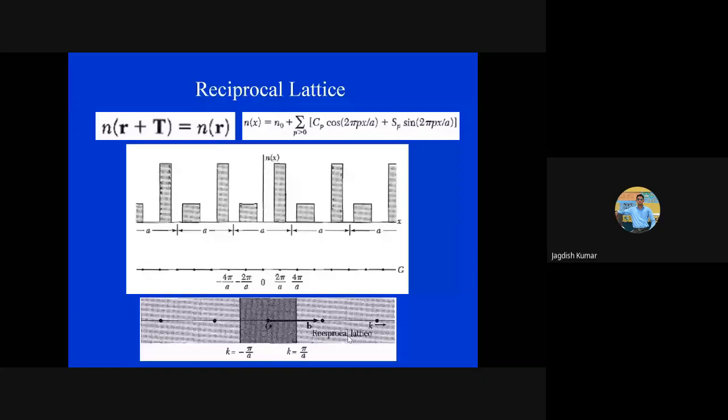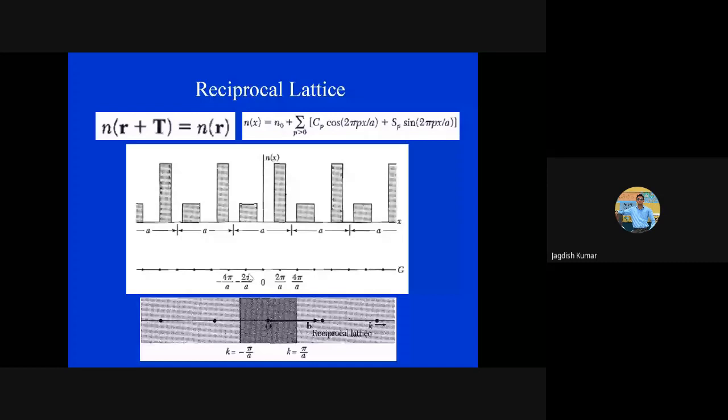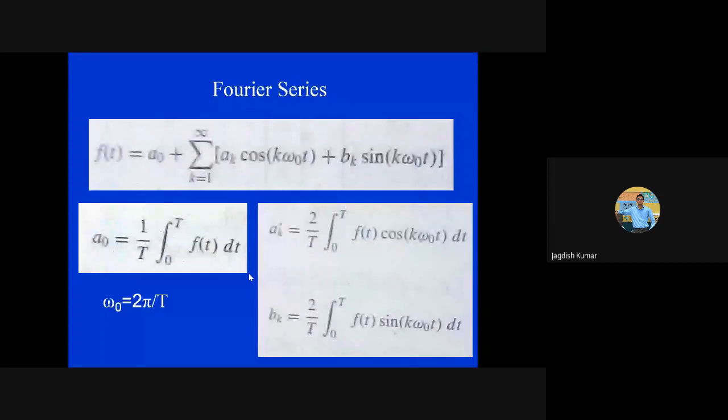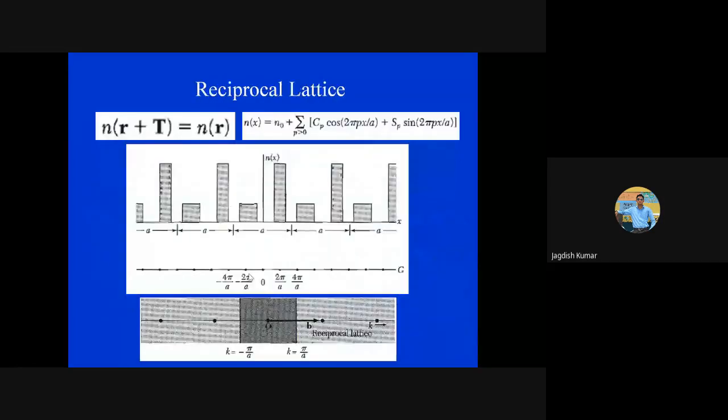Instead of t, which was time in our previous slide, now we say the function is periodic in space, say r. So the Fourier series can equally well represent periodic functions in time, like sound waves or other functions which repeat with time, and it can also represent functions which are repeating in space.